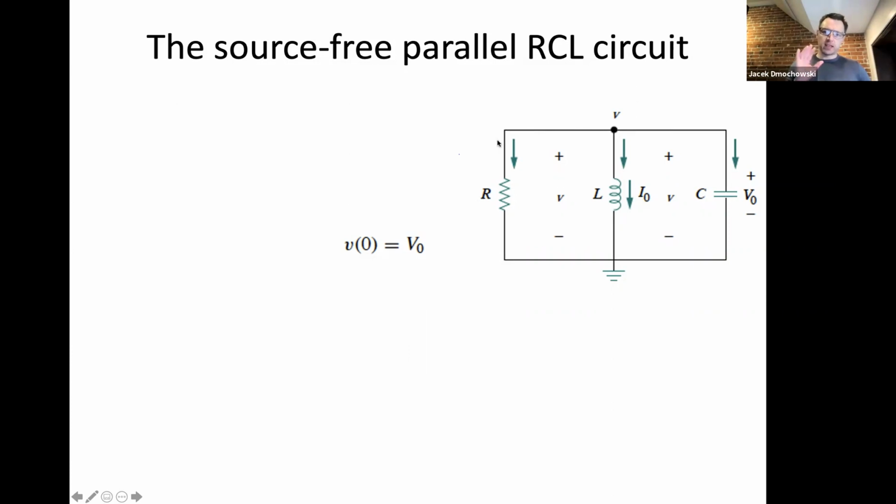And what we're going to assume here is that we had a battery connected to this node. So the capacitor is charged up. The inductor is shorted. It's got current flowing through it. And suddenly we remove that battery. And then something's going to happen. Namely, there's going to be a redistribution of the energy in this circuit.